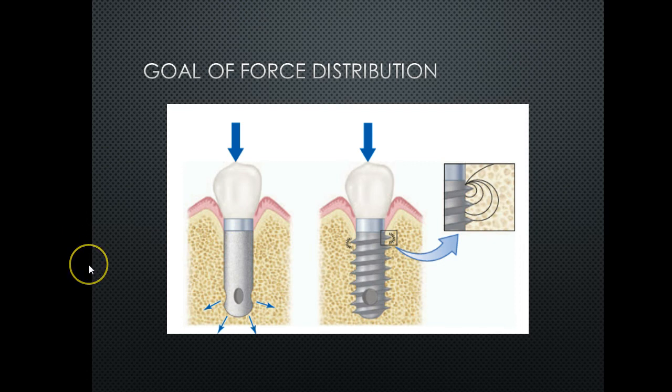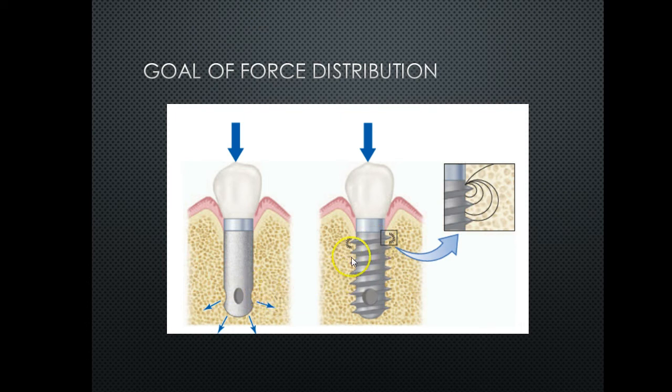When we talked about the morphology of an implant versus a tooth, we talked about how ideally you want axial loading, right? You want loading right on the top, so the forces are distributed all the way down to the apex or into the bone itself. But the type of implant also plays a role in exactly where those forces are distributed.